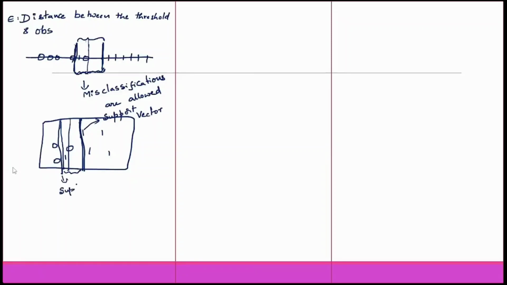These support vectors create a kind of margin, and based on that margin, we are more interested in allowing for misclassification within the margin.